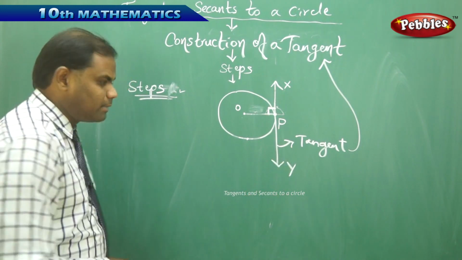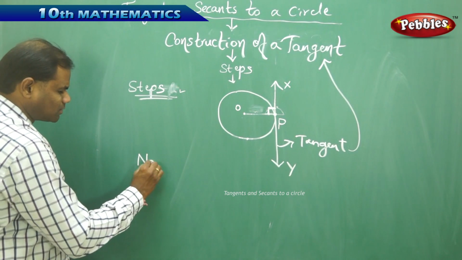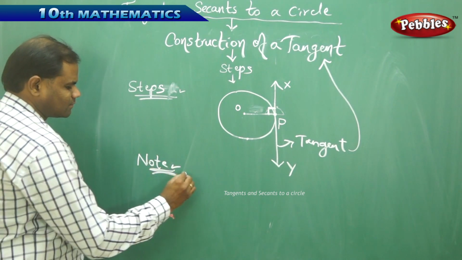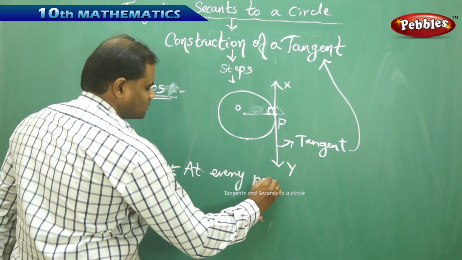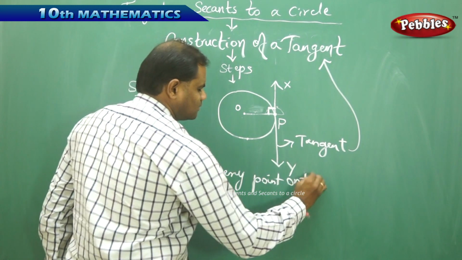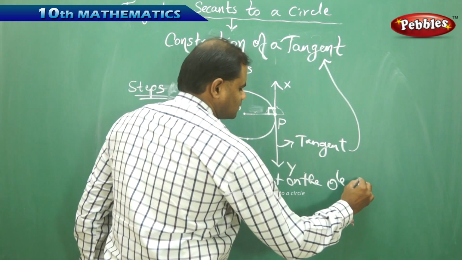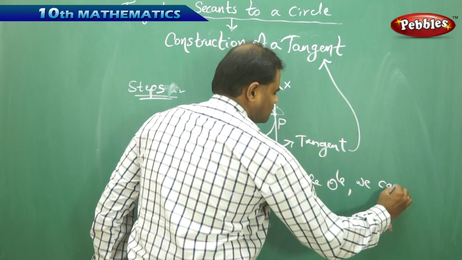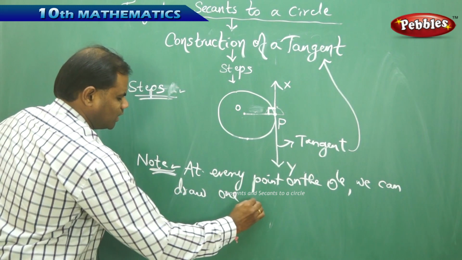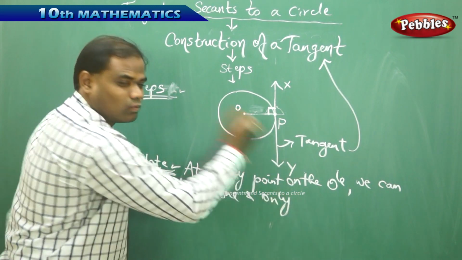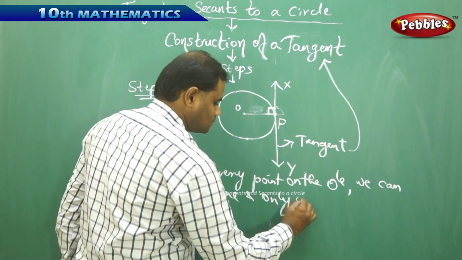So this construction makes me come out with the learning outcome that at every point on the circle we can draw one and only one tangent to the circle.